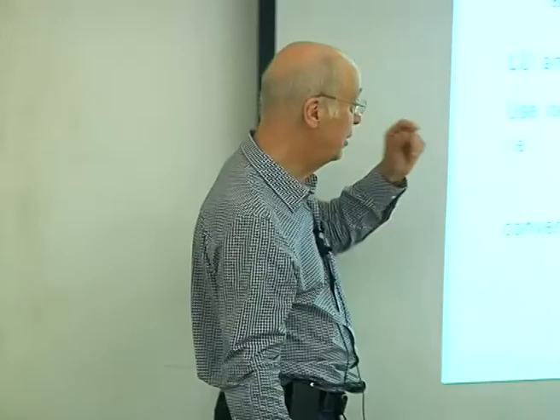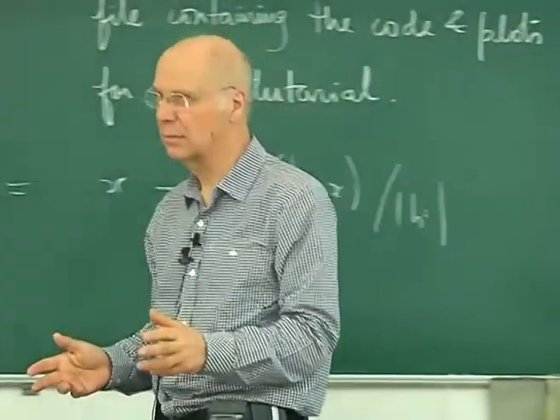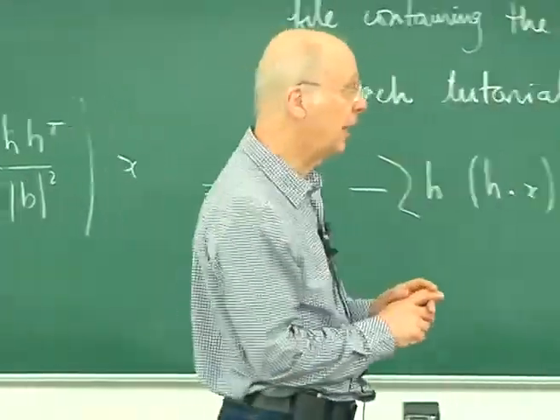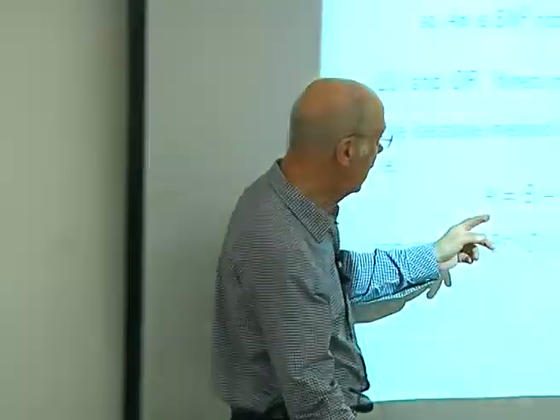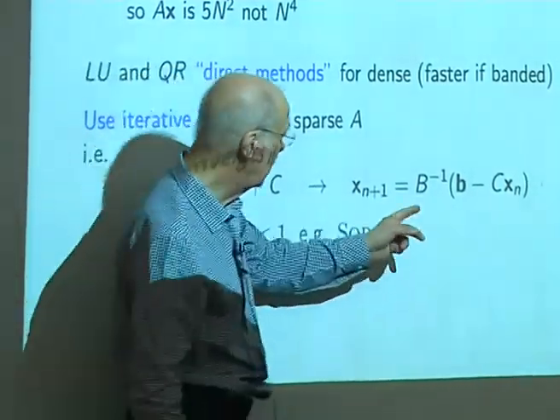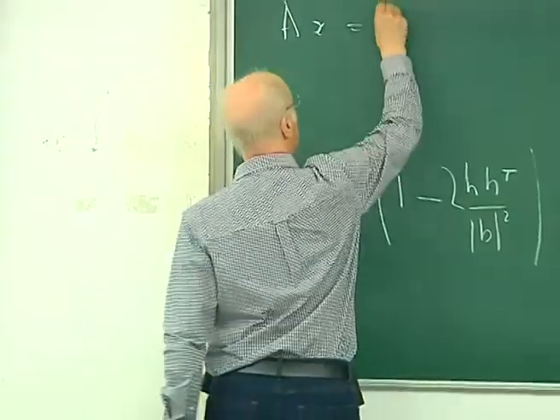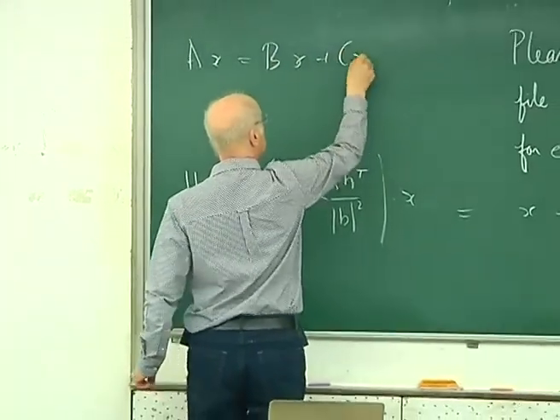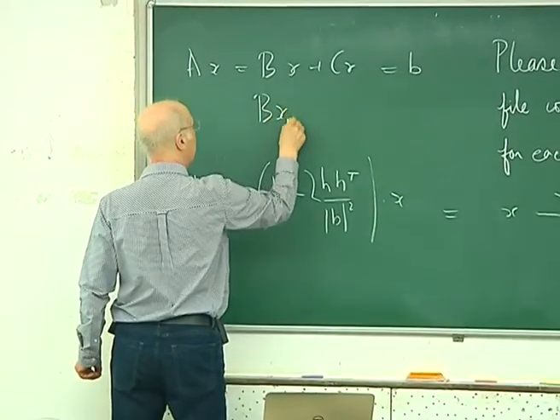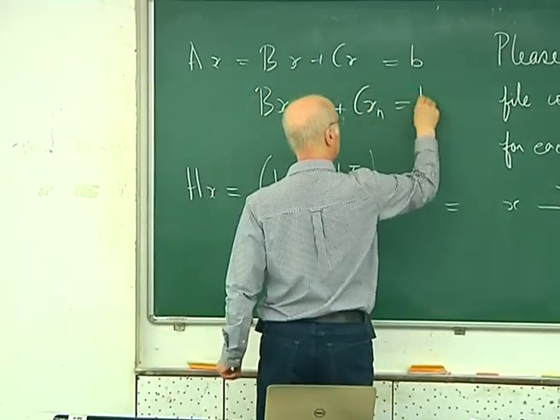Okay, the iterative method in general is to say A is equal to B plus C. You have to choose B and split the B and C carefully, and then you can take the C onto the other side. So we've got AX is equal to BX plus CX equal to little b, and then we say, well, for the next one, B times the new iteration equals b minus C times the previous iteration.